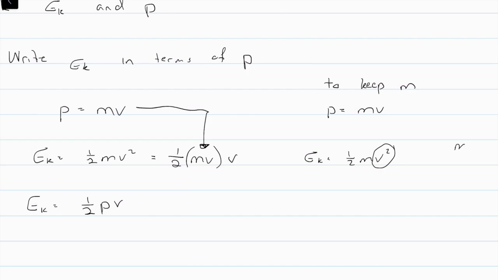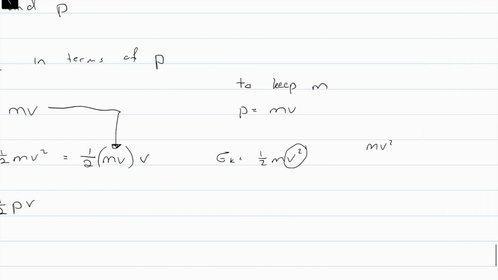Then I have m squared v squared, which is equal to p squared. I still need this 2, and I've got an extra m at the top, so I need to get rid of that m with an m at the bottom.